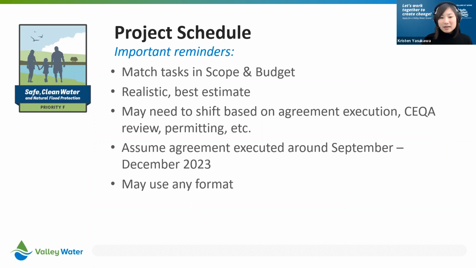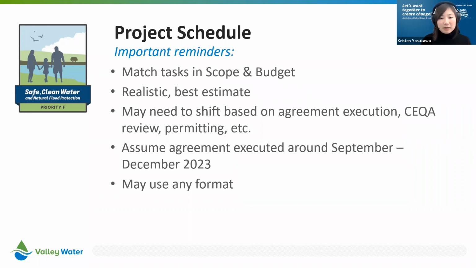It all depends on the type of project, what it entails, and how ready the applicant or the grantee is to execute an agreement as well. So I would just say fall to winter 2023 is probably a good time to start the project schedule. If you want to do it later than that, that's no problem, but that would be the earliest date to include in the project schedule. And again, you can use any format, but we do provide templates if you would like a starting point.